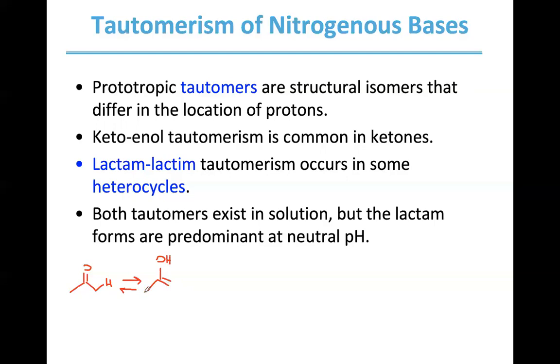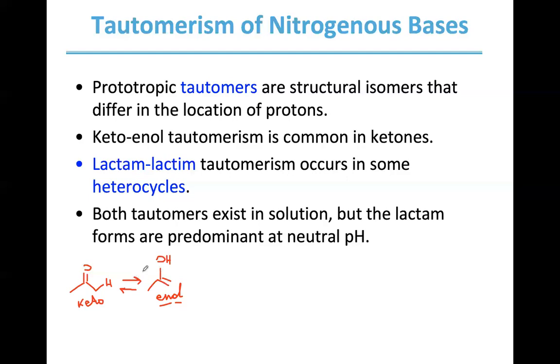Which tautomer is more stable? Anybody remember? The first one. The first one. So the ketone is more stable. This is the enol, right? Remember we refer to this as keto-enol tautomerization. Enol means en, double bond, ol, hydroxy group.